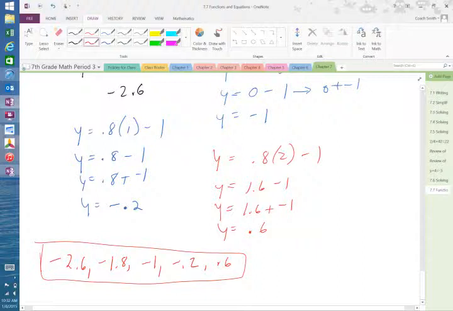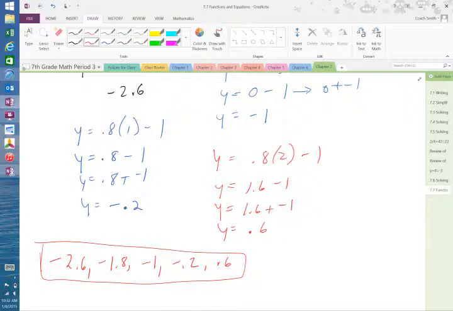That's your range. That one's a little harder, obviously, because you're multiplying decimals and dealing with negatives and positives both. But the pattern's still there. You're increasing it by 0.8 each time. So that's how you use the domain and find the range. That's how we have an input-output table and find the rule.